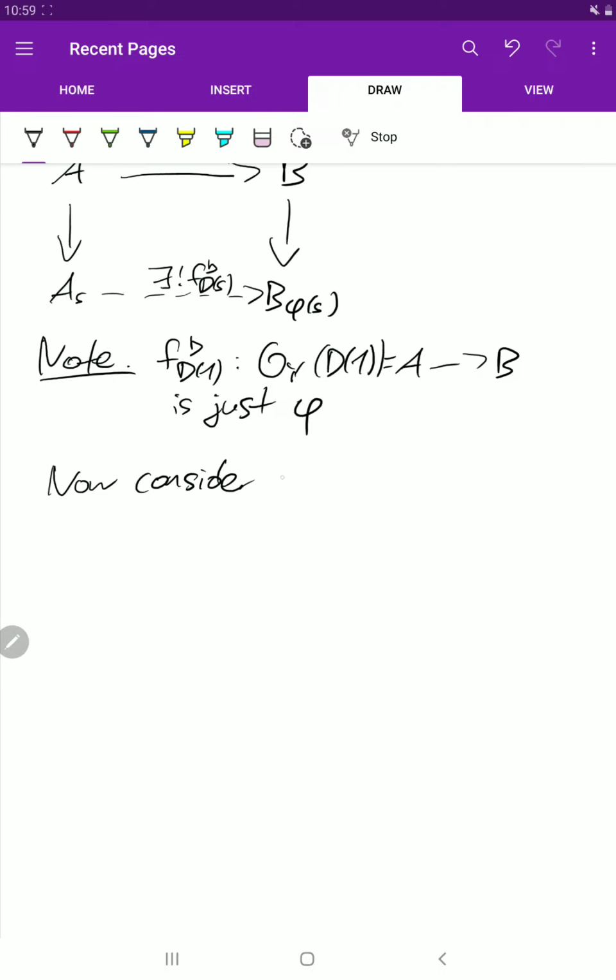We have to consider the morphism on the stalks, from O_{Y,f(x)} into O_{X,x}, and that's just A localized at phi inverse of p_x. So p_x is the prime ideal corresponding to x. Let me make it more clear: that's the localization at this prime, and here we have the localization at the prime p_x.